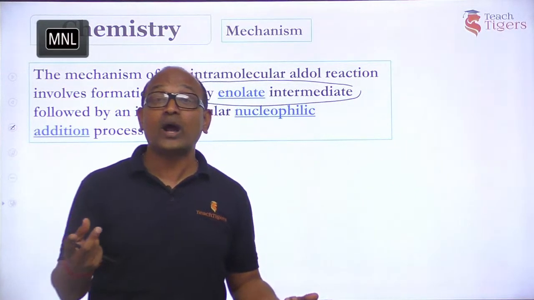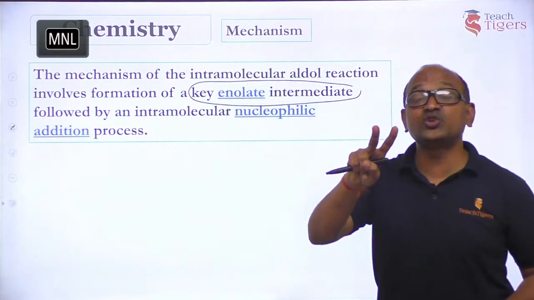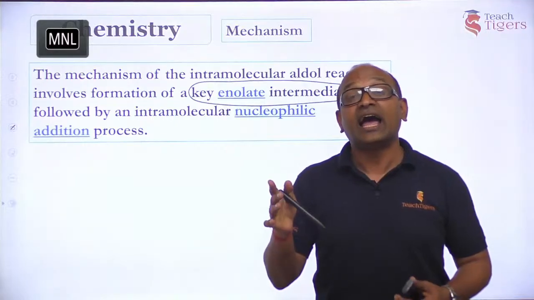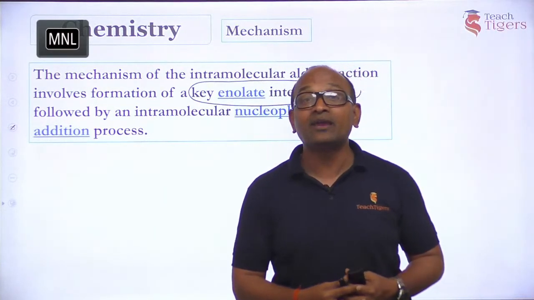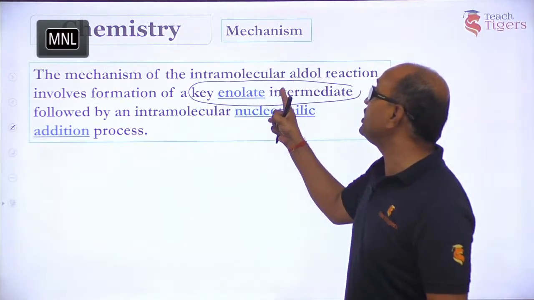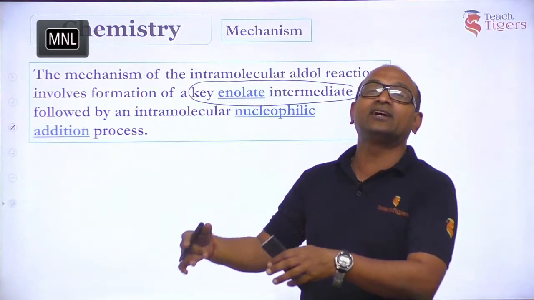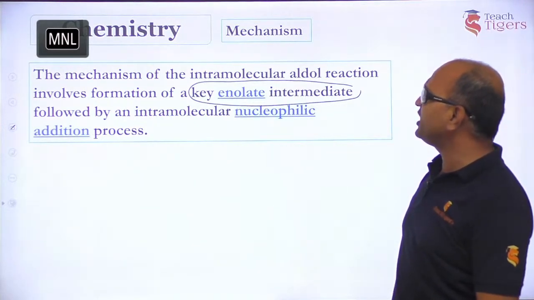You have two different carbonyl functionalities, which means two different sets of alpha hydrogens, and you are going to get two sets of enolates. Guess what is the key enolate intermediate. Only then will you get the correct product. Otherwise, you will end up getting a minor product. But sir, how do we select this enolate?